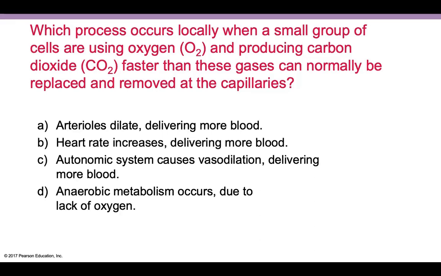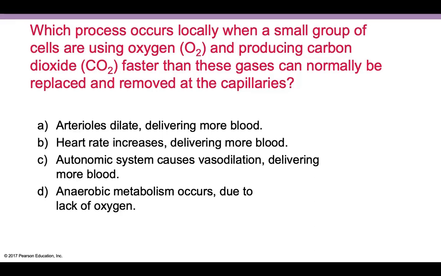Let's see B, heart rate increases, delivering more blood. That doesn't necessarily happen. That is not going to be a local response to the tissues consuming more oxygen or CO2. The heart rate is not going to change to deliver more oxygen. What's going to happen is the vessel is going to be manipulated in order to bring more or less blood there. Autonomic system causes vasodilation, delivering more blood. Again, no, this is a local response that is going to allow more delivery of oxygen because of the local factors.